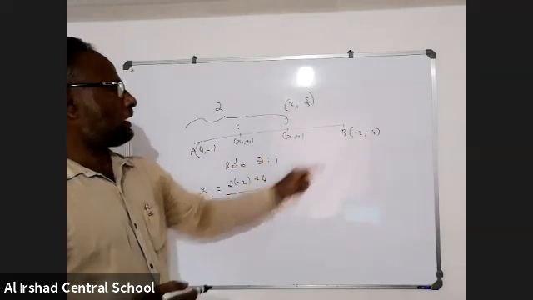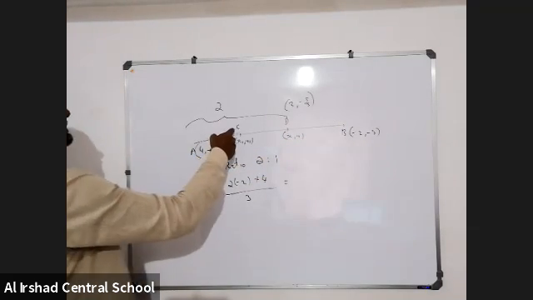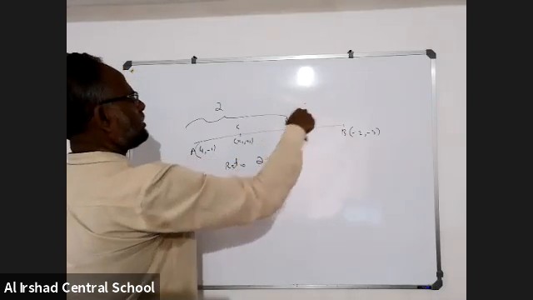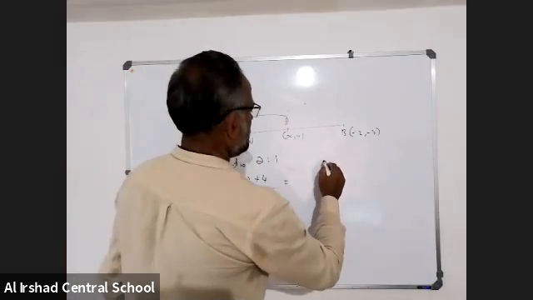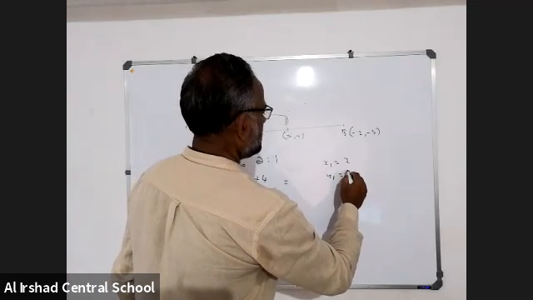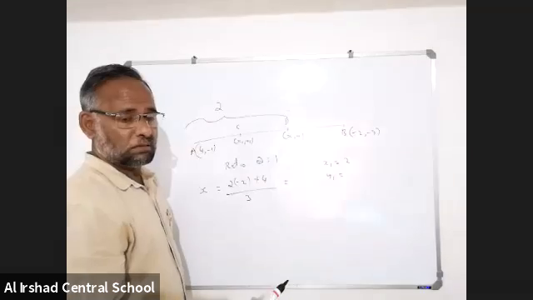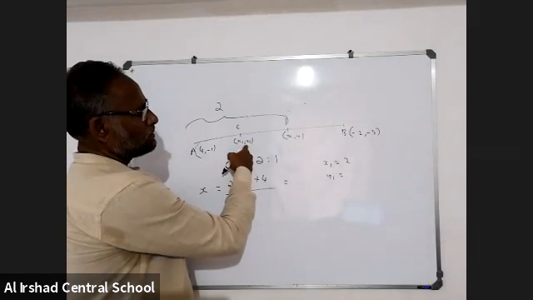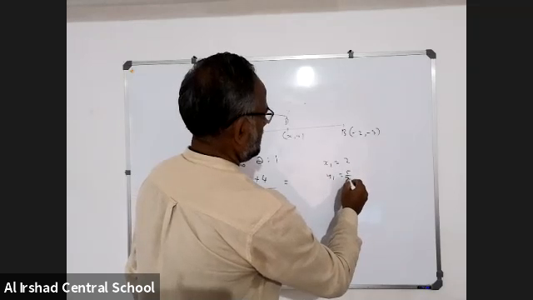Okay, now you are talking about C. That means x1, y1. x1 is equal to 2 and y1 is equal to minus 5 by 3. Okay, no problem. Minus 5 by 3.